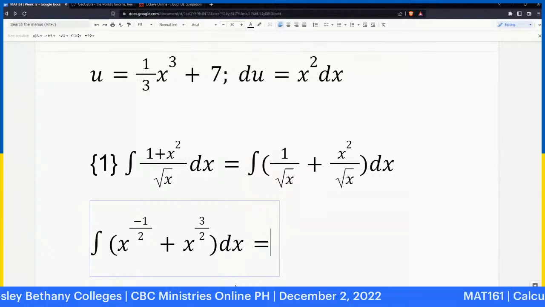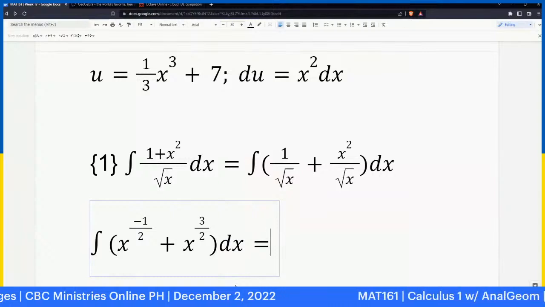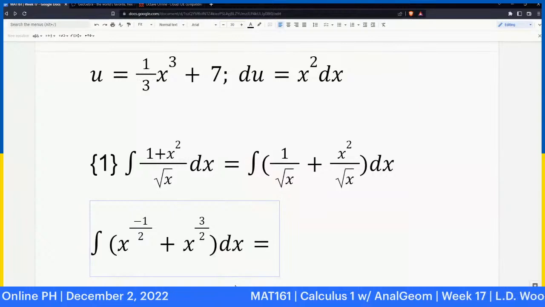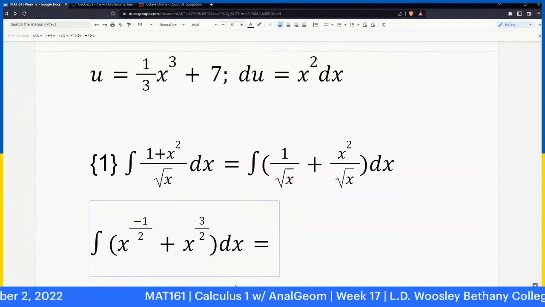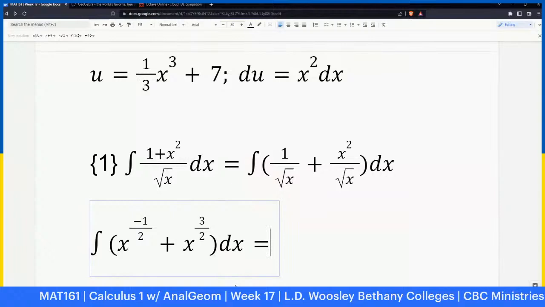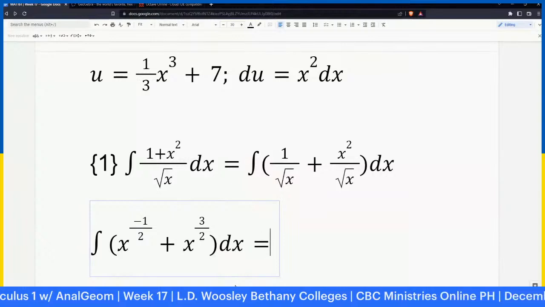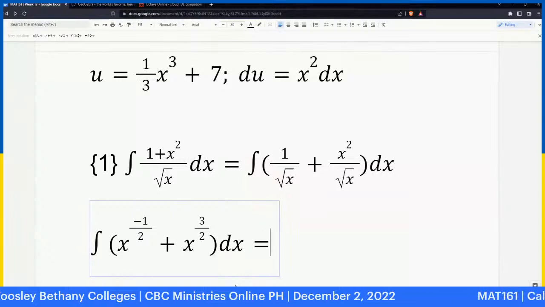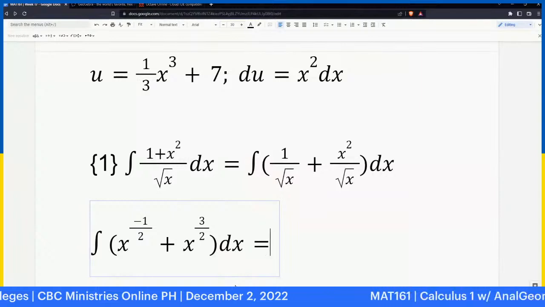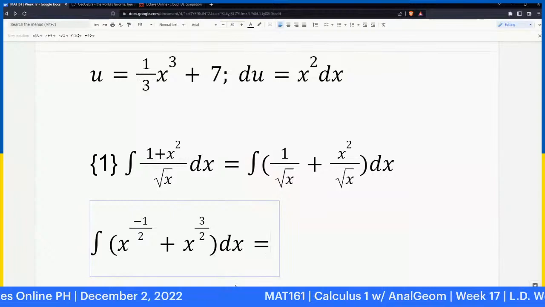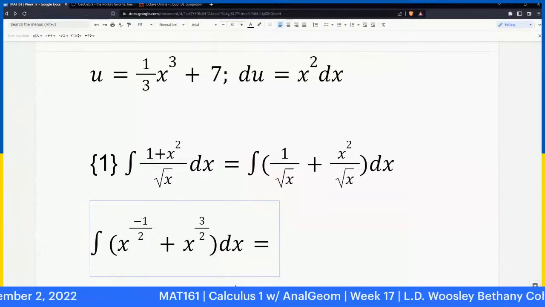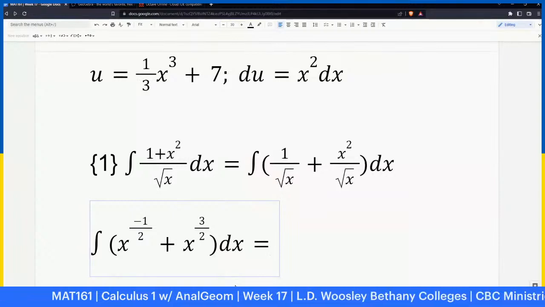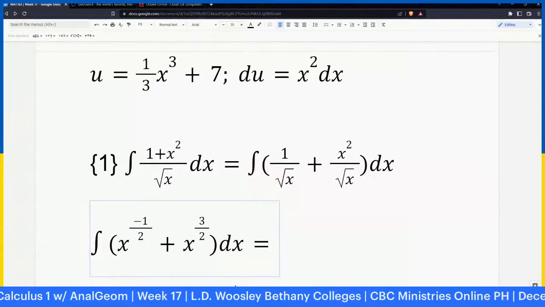U raised to n plus 1 all over n plus 1. Negative 1 half plus 1. What's the answer? Okay, that's x raised to 1 half, right?